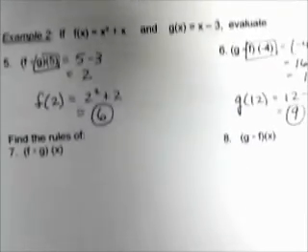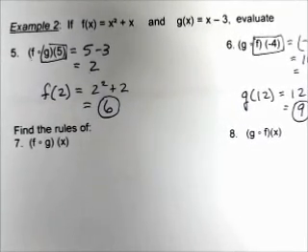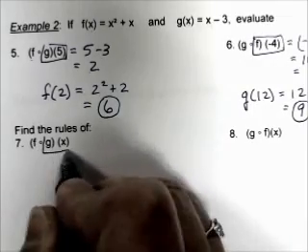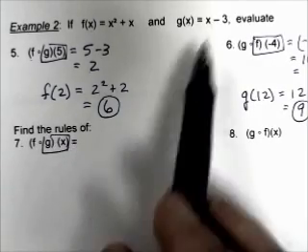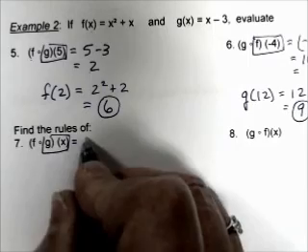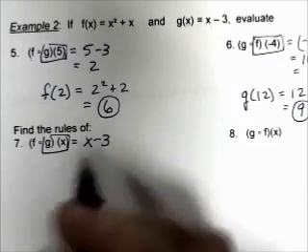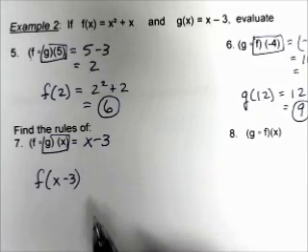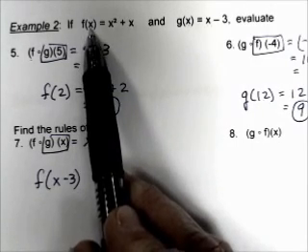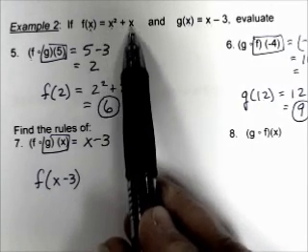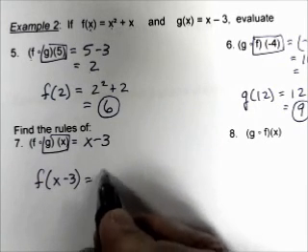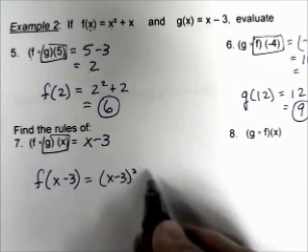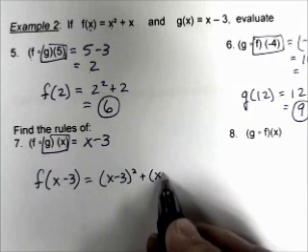Find the rules. F of g of x. Okay, g of x, well, that's just equal to x minus 3. Now f of that, so f of x minus 3. We're looking at f of x, replacing our x's with x minus 3. So (x minus 3) squared plus x minus 3.